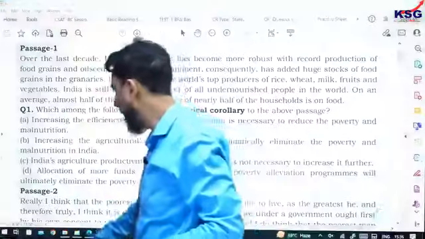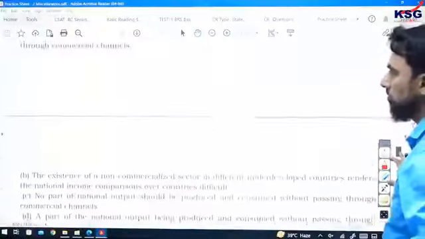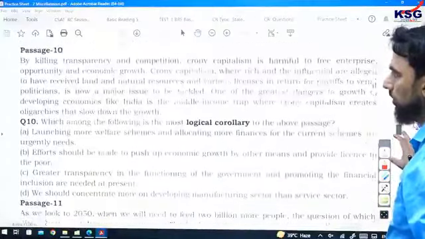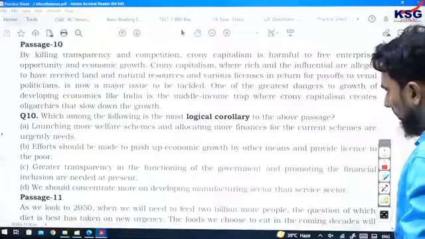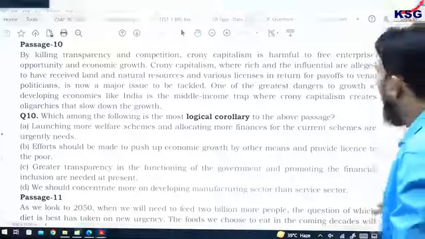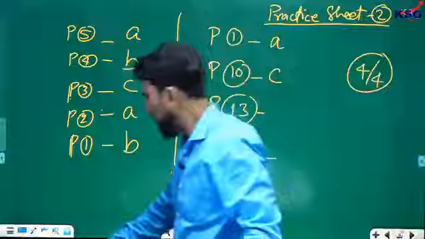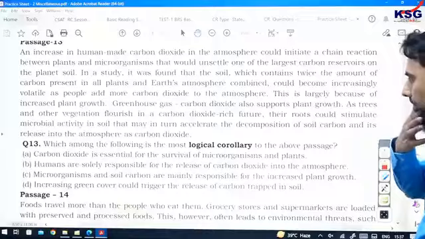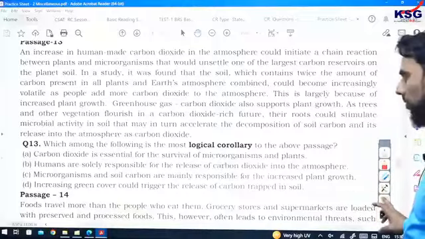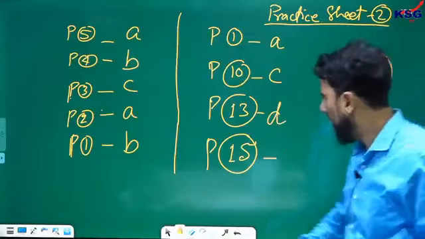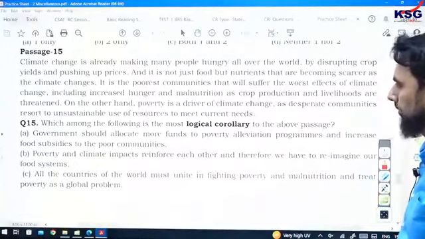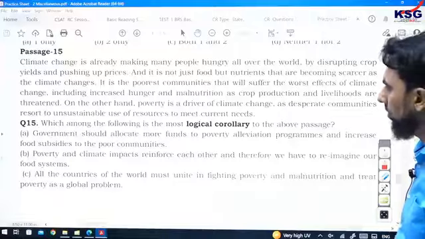For passage 1, option A, then passage 10, it should be option C. Passage 13, sorry 14, 13, option D, and the last passage 15, it should be B option.